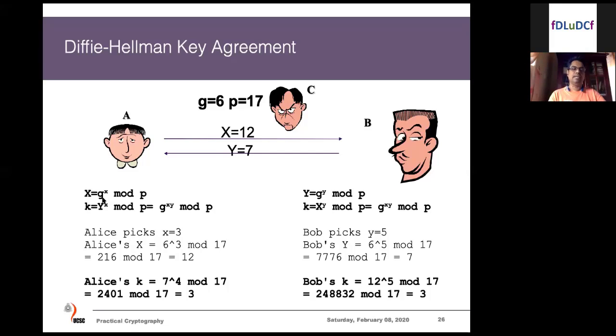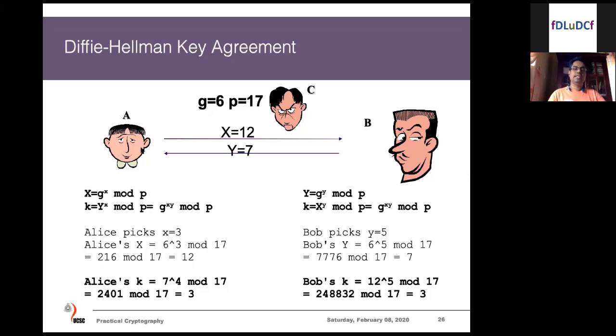So we calculate 6 to the power of 3 modulo 17. 6 to the power of 3 is 216, and 216 modulo 17 is 12. So 12 is the public key of Alice.